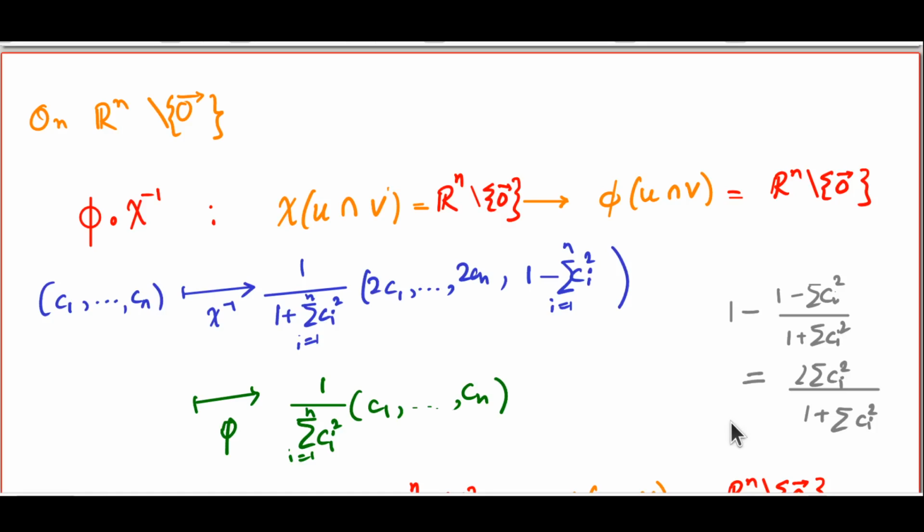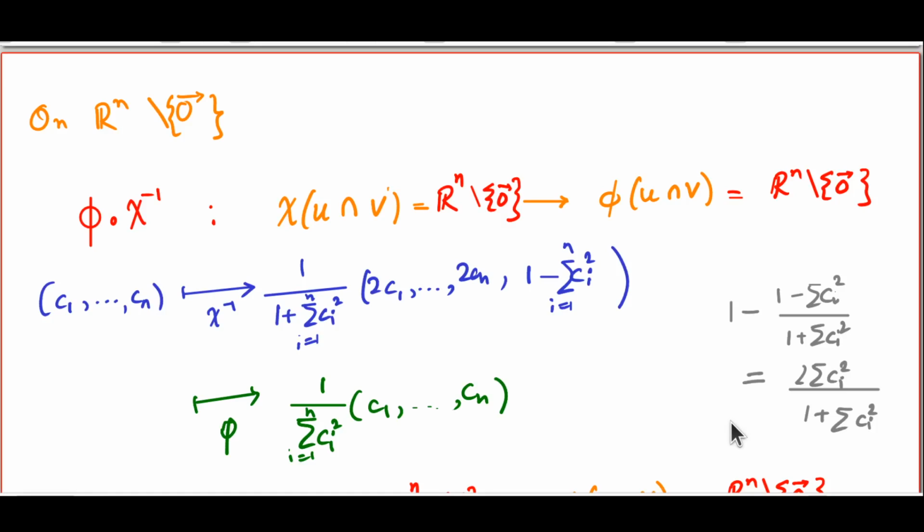In fact, the 1 plus sigma Ci square in the denominator also cancels out. And you end up with a division of the coordinates C1, C2, Cn by simply the sum of all the Ci squares. Notice that because we have removed the origin from Rn, and we are only talking about points in that space, the sum of Ci squares is never 0. So this is a perfectly legitimate calculation.